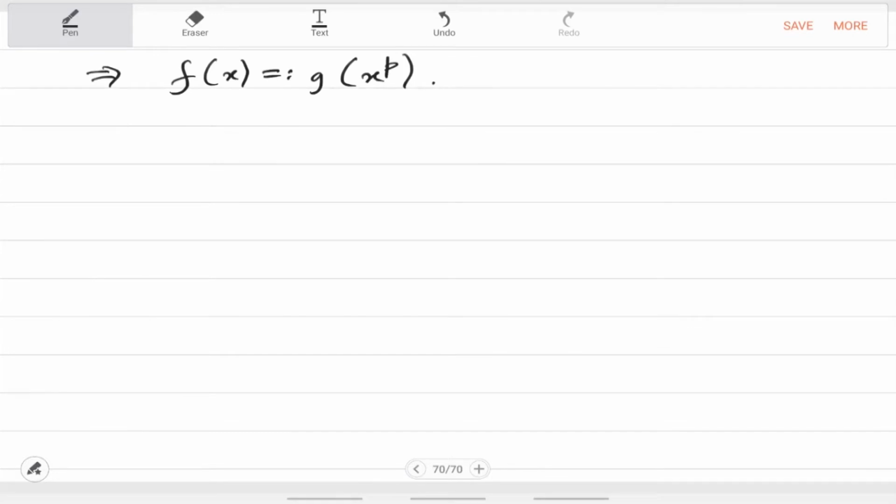It is just x to the p raised to i by p. And how do you get h?